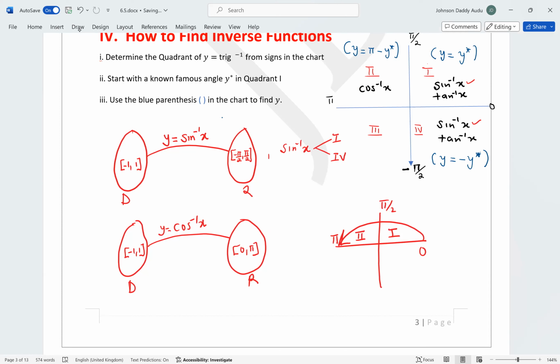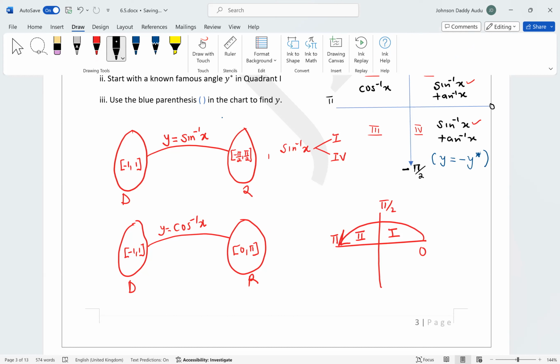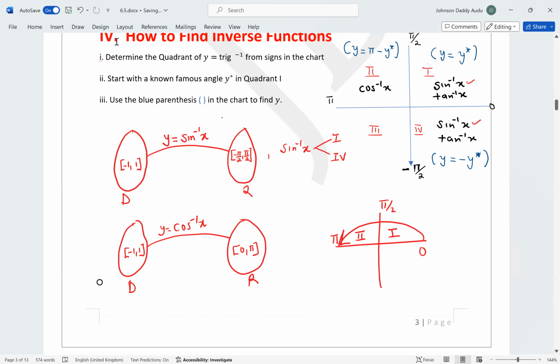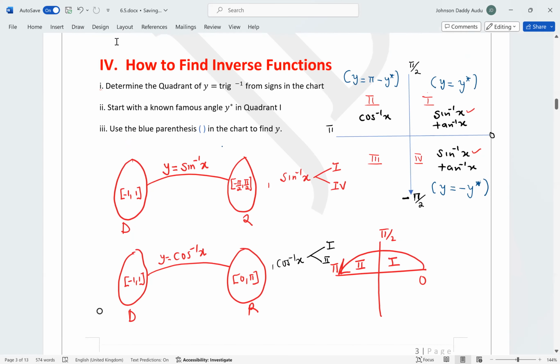So if you deal with cosine inverse, it's going to be in the first or in the second quadrant. Here we should include cosine inverse also. Cosine inverse could also be in this quadrant.